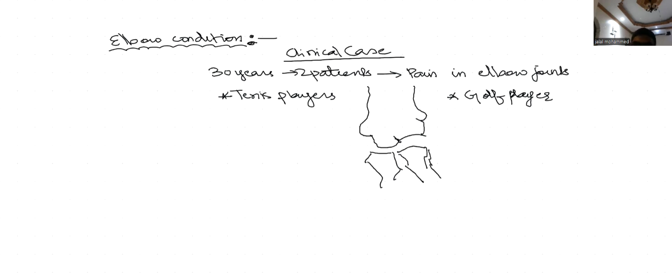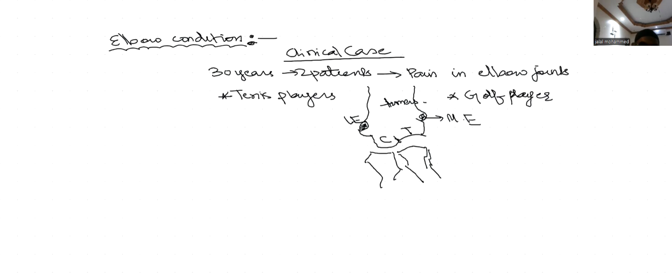So if you see, this is your humerus. This is the capitulum. This is the trochlea. This is your lateral aspect, the lateral epicondyle. This is your medial aspect, the medial epicondyle.